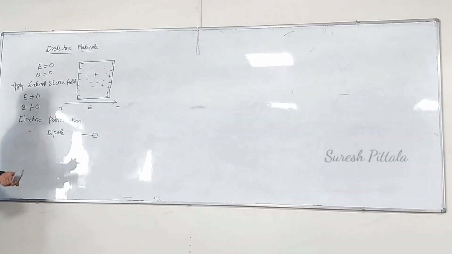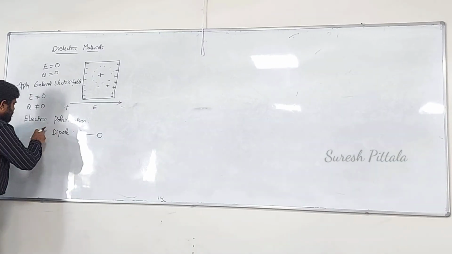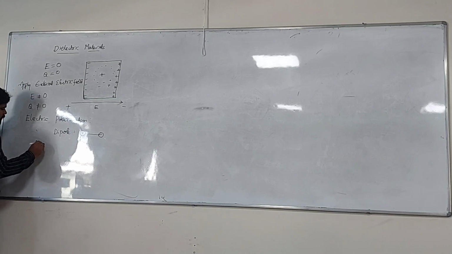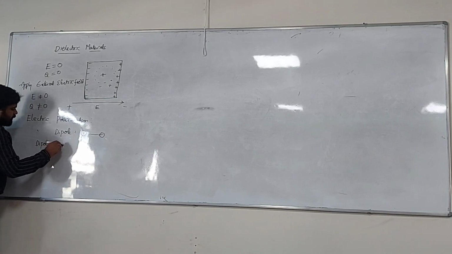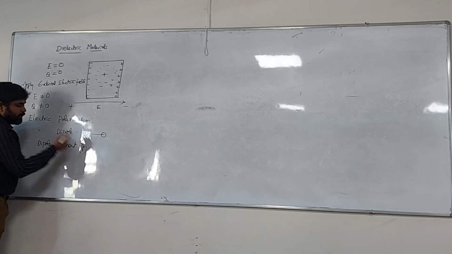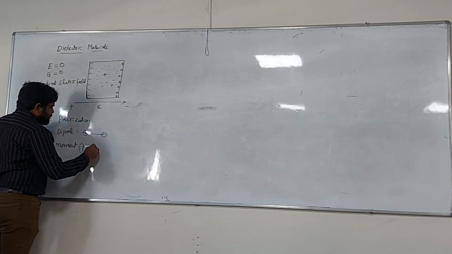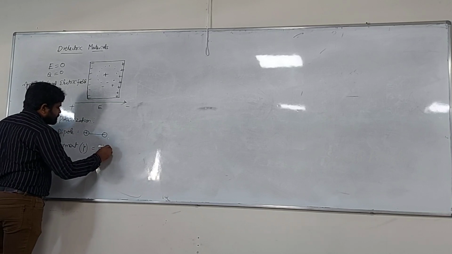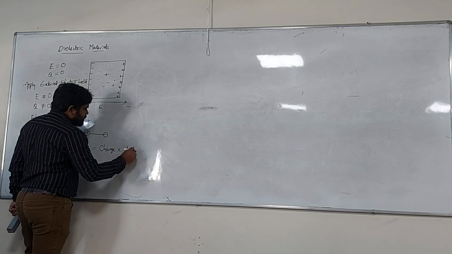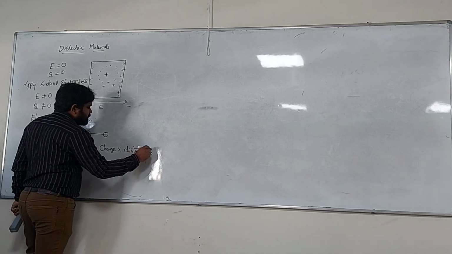Simple phenomenon. Because it has polarity, it will not stay simply like that. It will also have some kind of movement. So each electric dipole has something called electric dipole moment, which we usually denote with small p, which is equal to your charge and distance between the charges.